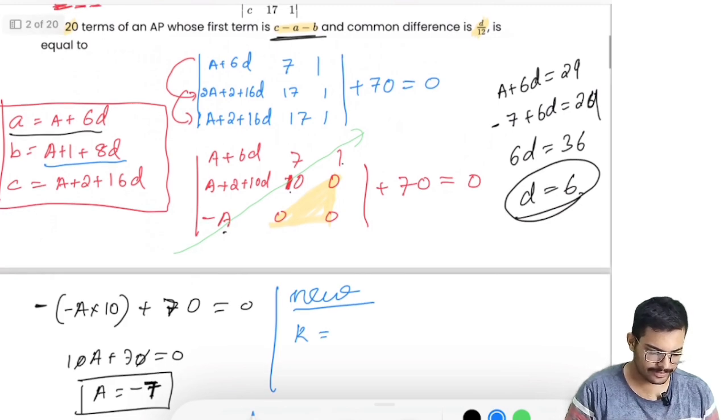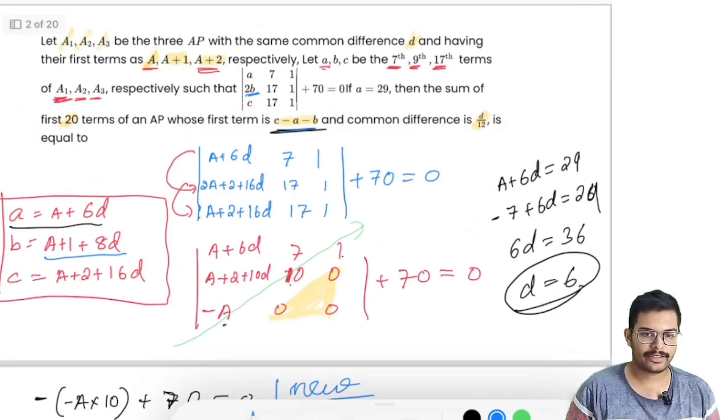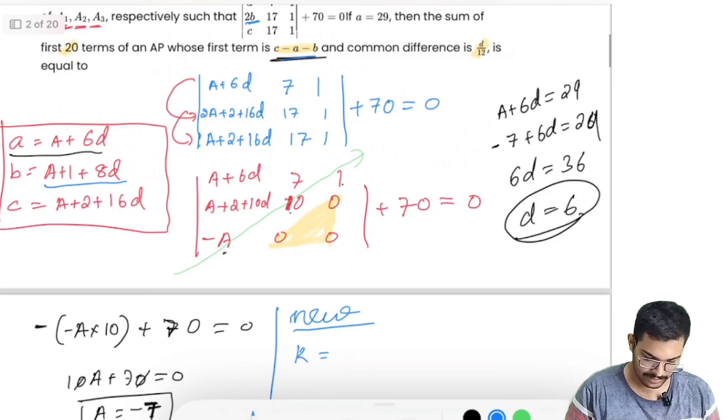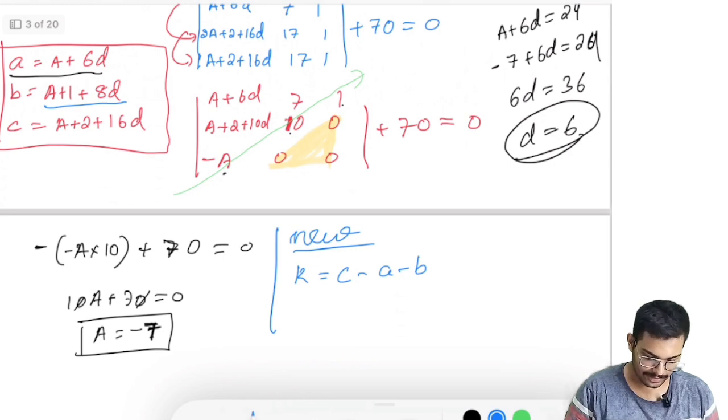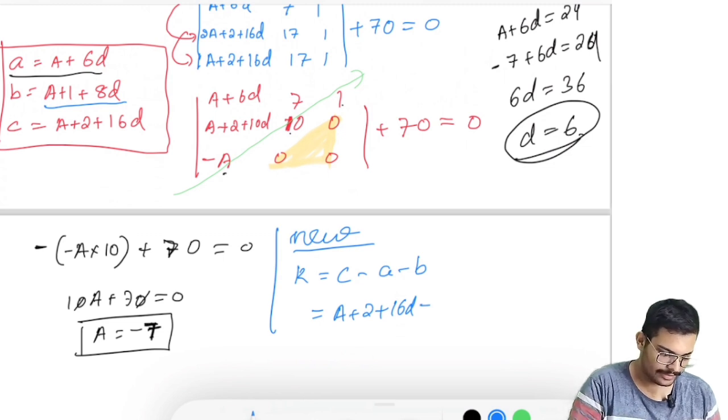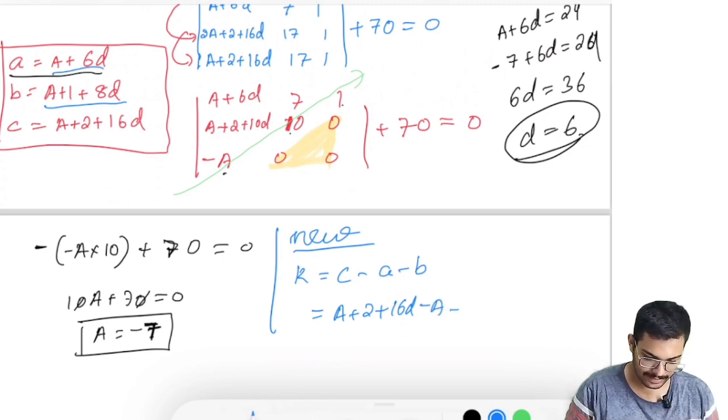K equal to how much? C minus A minus B. C minus A minus B is K, the first term of the new AP. What is the value of C? C equal to A plus 2 plus 16D. When you subtract A, it is minus A minus 6D.